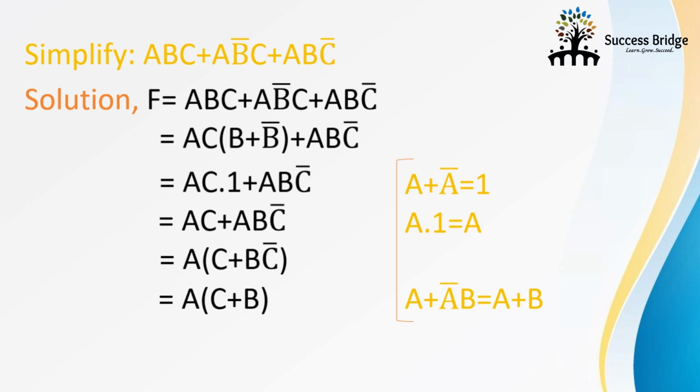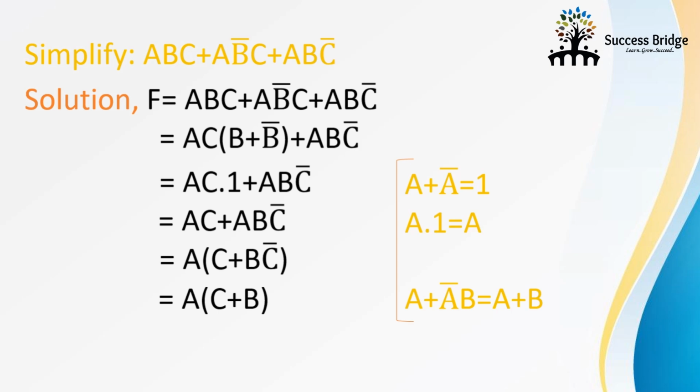Here AC is taken as common. Then what remains is b plus b bar, plus abc bar. From the law, a plus a bar is equal to 1, so b plus b bar is equal to 1. So we get ac plus abc bar.